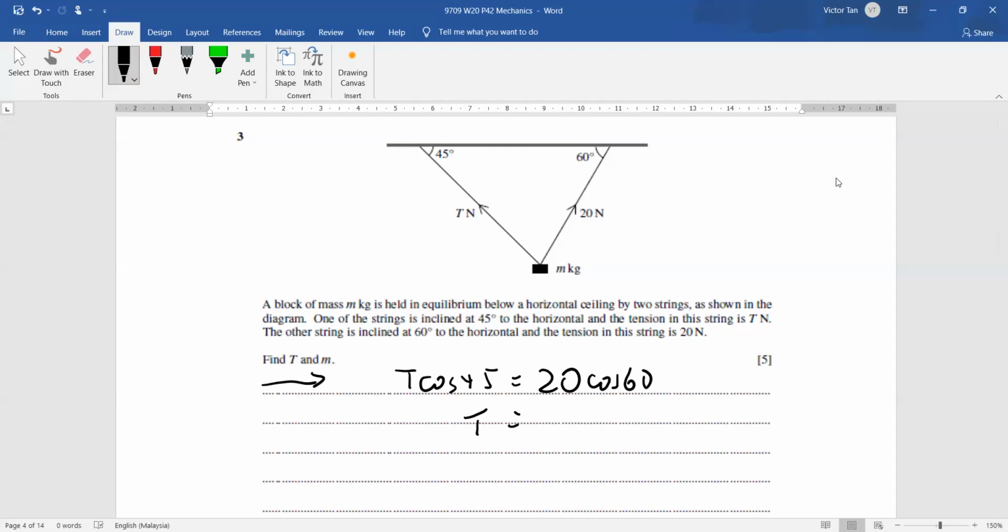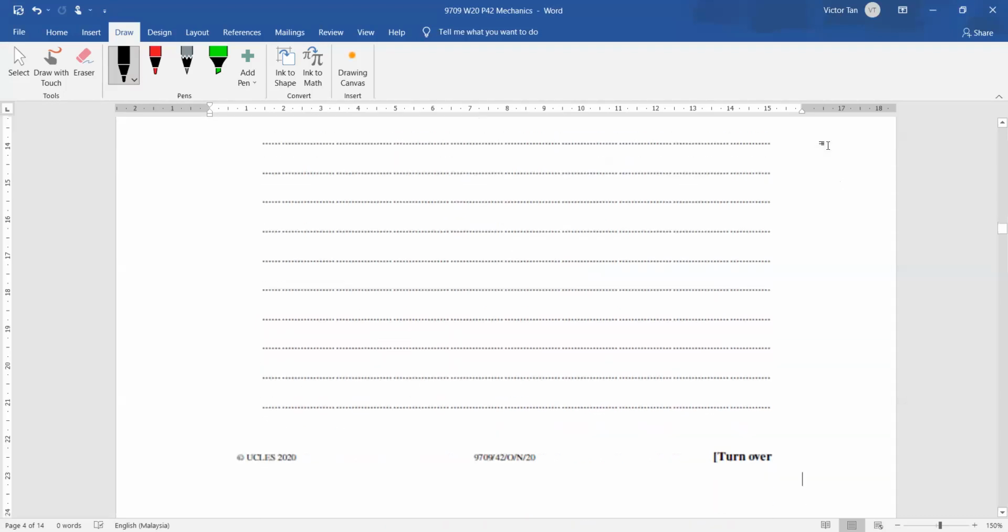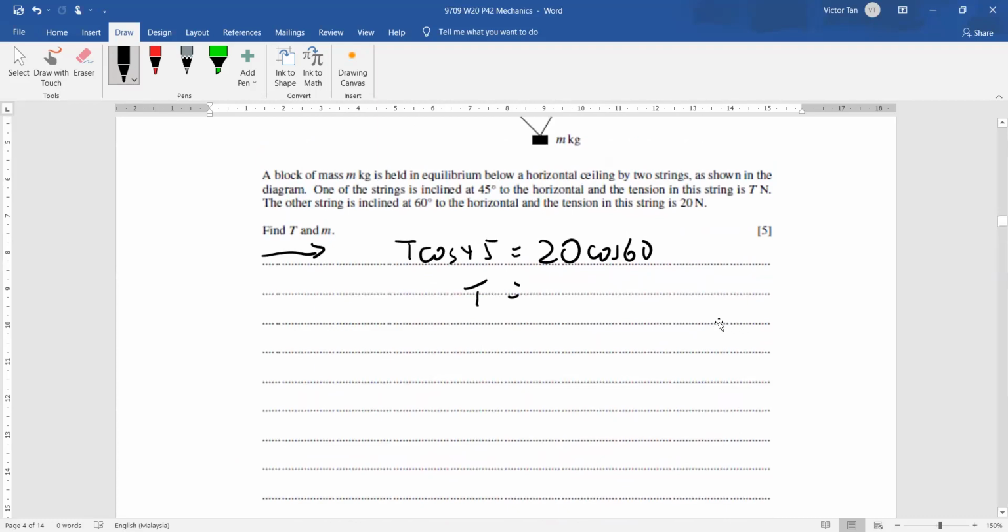T equals 20 cos 60 over cos 45. So in decimal places it is 14.1 newton.